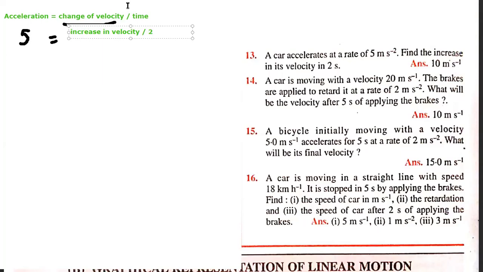So if you take this 2 seconds to the left side, it becomes multiplication. So 5 into 2, 10. So the increase in velocity will be equal to 10 meter per second.